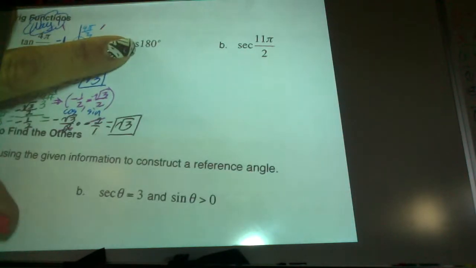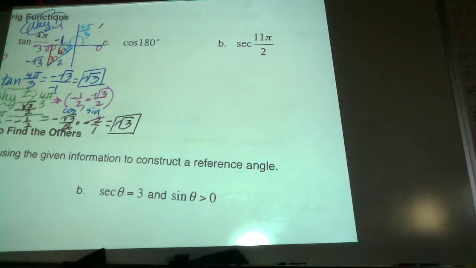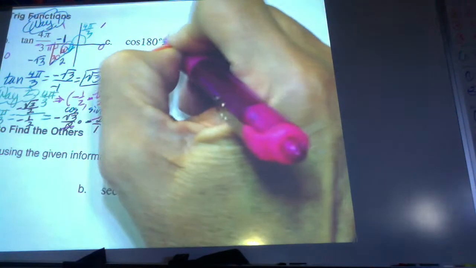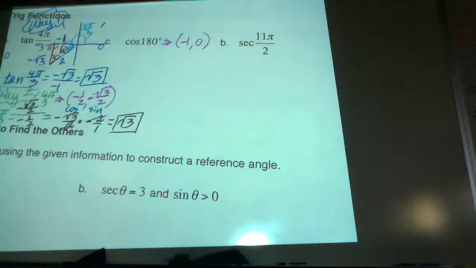But with these, you just have to divide it out by 180 or 360 to see how many of those you might get. So my point being, cosine of 180, what is the ordered pair at 180 degrees? Negative 1, 0. That's our ordered pair.